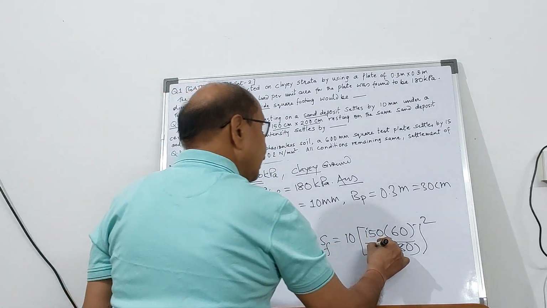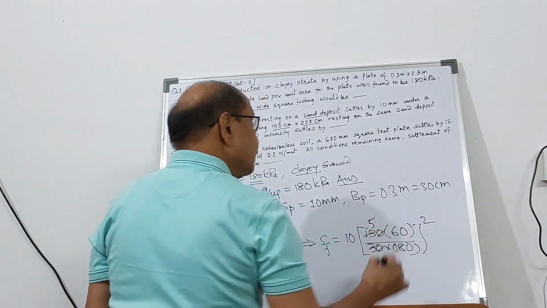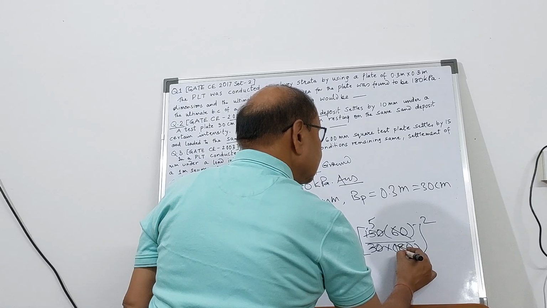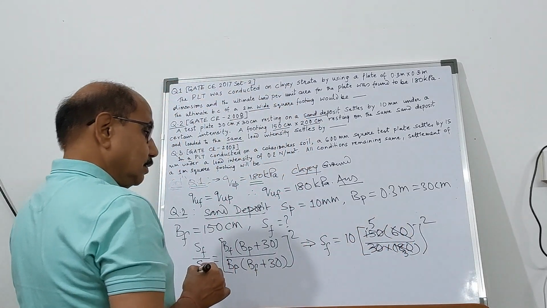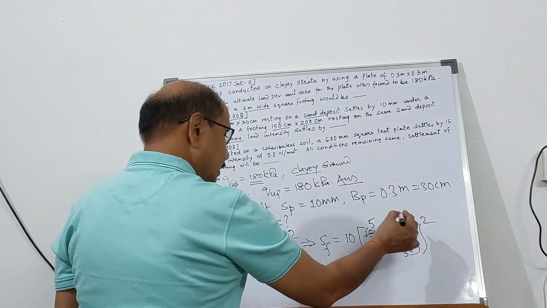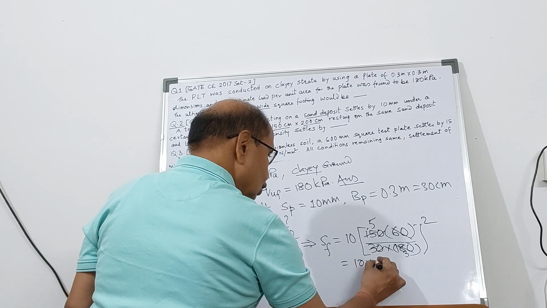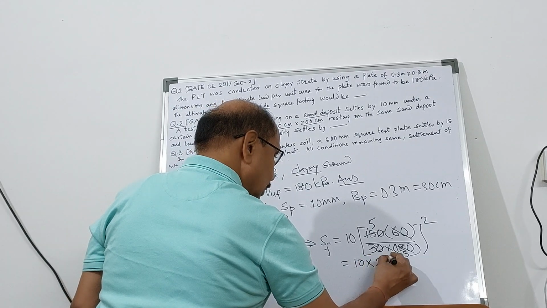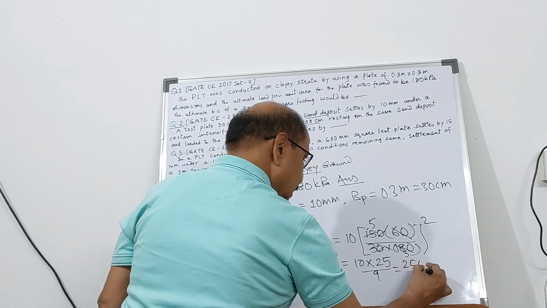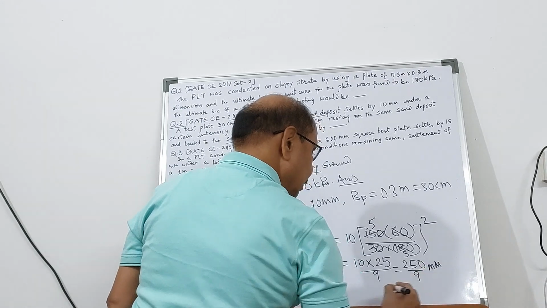So you can cancel it out, simplify it, right, and there is 3 here, so it is going to be pi by 3 whole square, so it becomes 10 into 25 divided by 9, that is 250 divided by 9 millimeter.